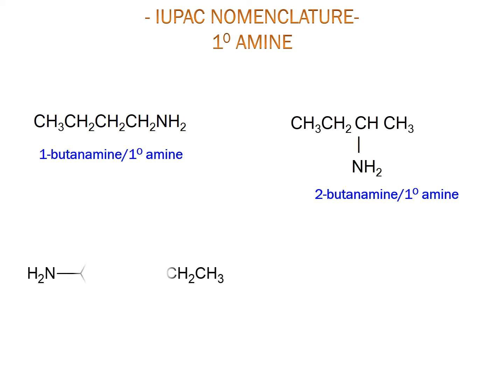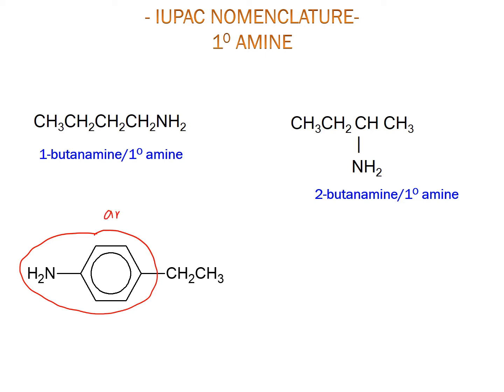For the third example, this one is an example of an aromatic amine, because the benzene ring is directly bonded to the amino group. So we choose aniline as the parent chain. This one is aniline. And then we have a substituent, which is ethyl. Now we want to state the position of the substituent ethyl.